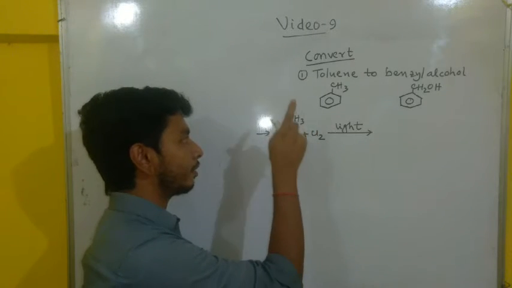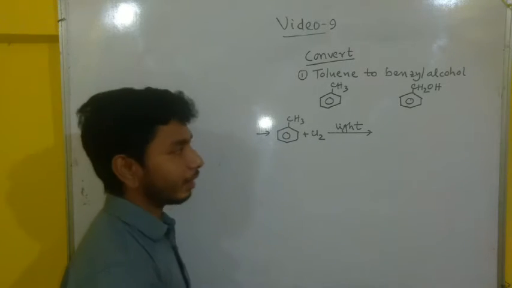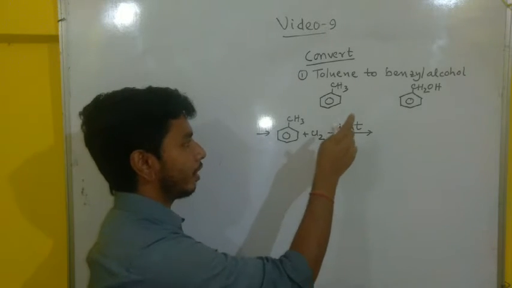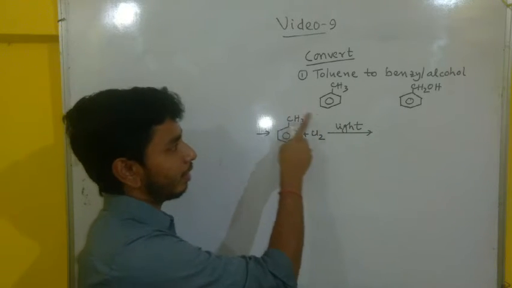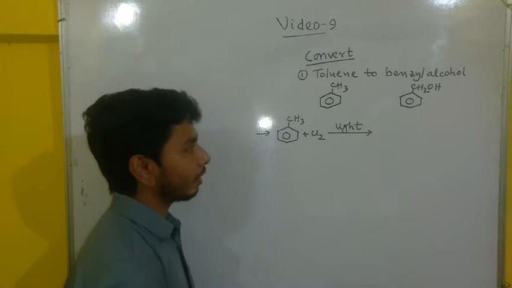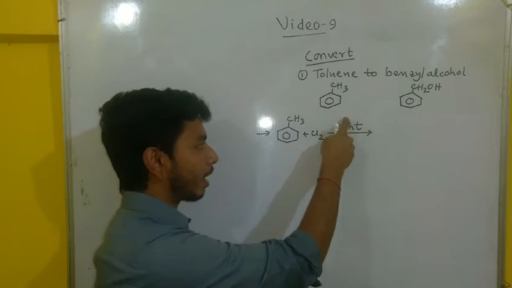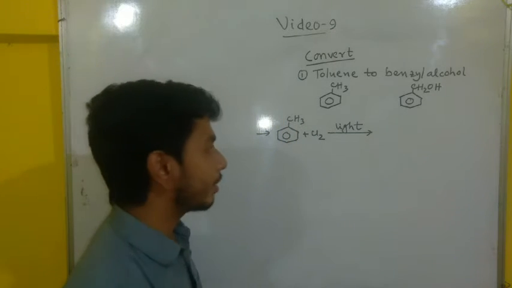Halogenation can be possible in the side chain or in the benzene ring. It depends on the reagent. With light, halogenation takes place in the side chain. With Lewis acid, it takes place in the benzene ring. So here we are using light, so the halogenation will take place in the side chain.